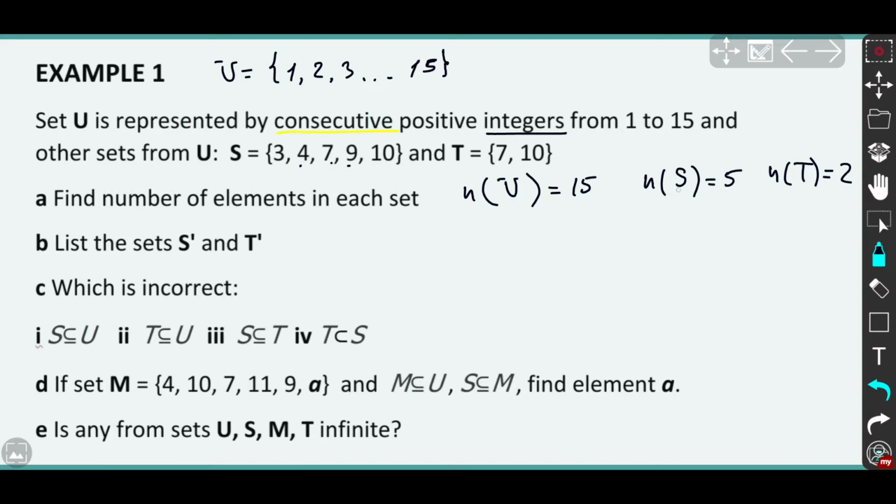Actually, there will be 2 circles, S and T. They will have 2 elements in common, 7 and 10. That means T is going to be inside S. So you can even write T ⊂ S, because T is a proper subset which contains part of the elements of S, and they're not equal.